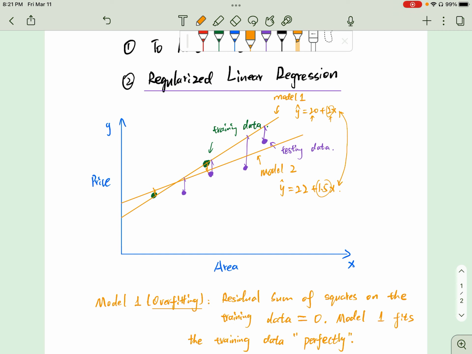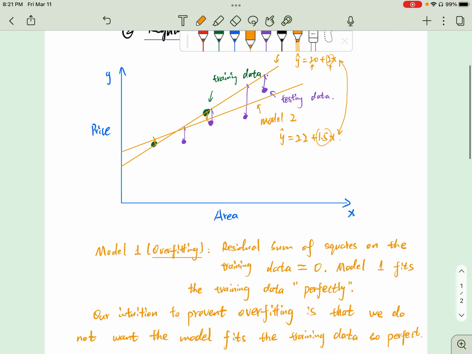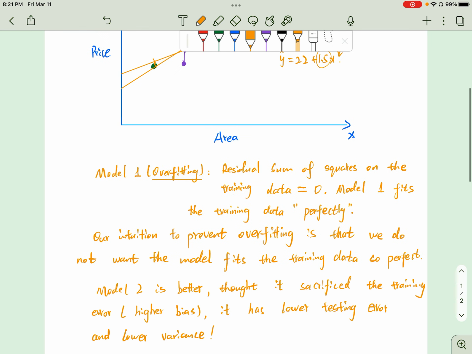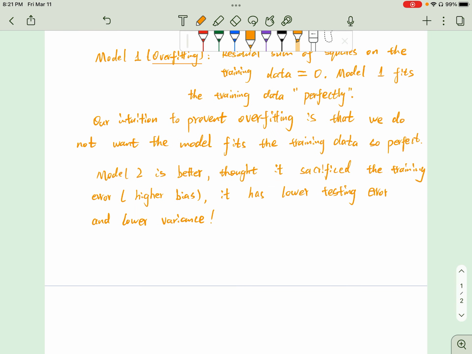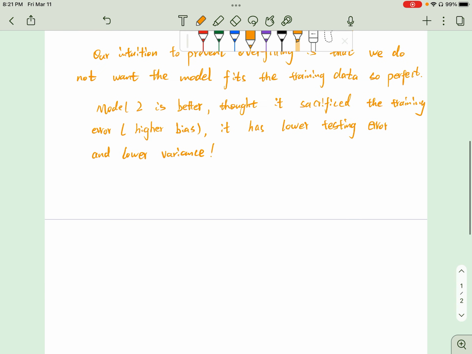The variance of model 1 is actually very high, and the variance of model 2 is obviously much lower than model 1. I hope you still remember what variance is. Okay, this is this example.